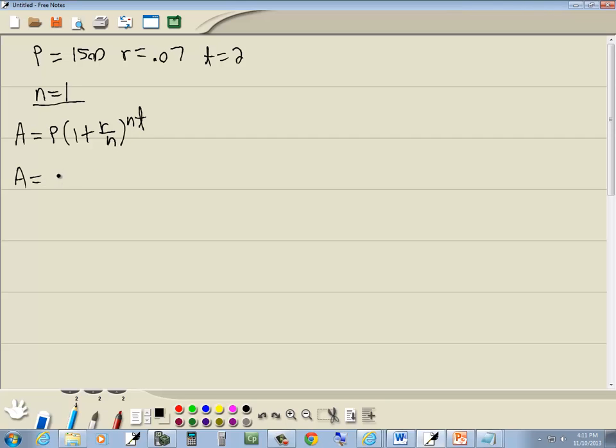And let's plug in what we're given. P is 1500, 1 plus R, which is 0.07, over N, which was 1, raised to the NT power. So that's 1 times 2. That gives us, with a little bit of simplifying, 1500 times 1 plus 0.07 raised to the 1 times 2 power, which is 2.